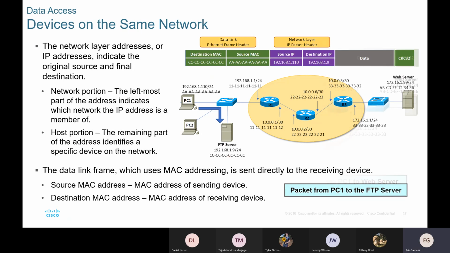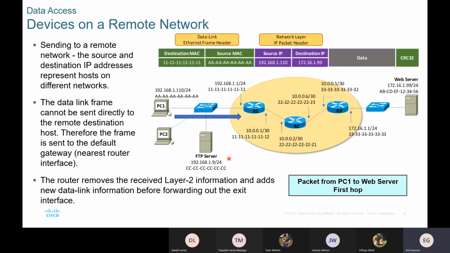So let's see now a transmission from PC1 to the web server. So PC1 belongs to this network, and the web server is in a remote network, which is this one. So we will have 1 hop, 2 hops, 3 hops, 4 hops. So when PC1 wants to send something to the web server, PC1 will look at its routing table.